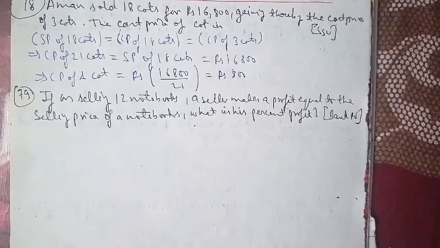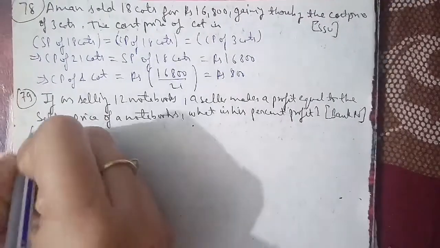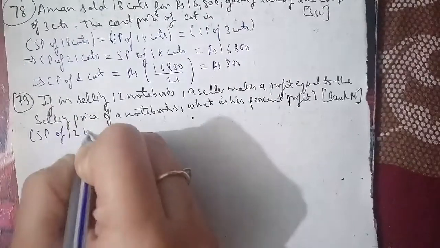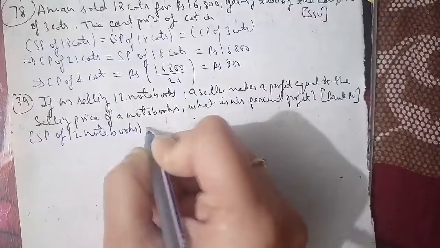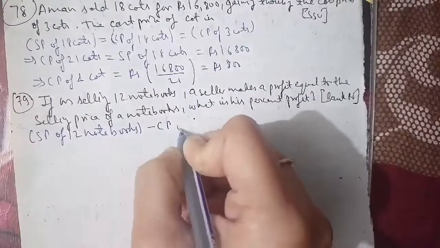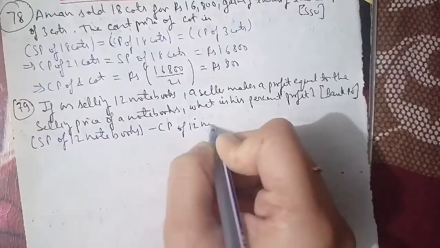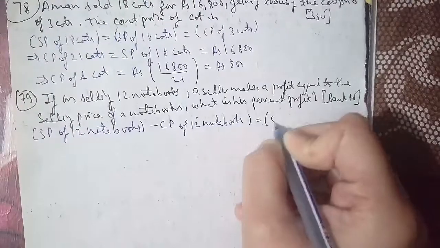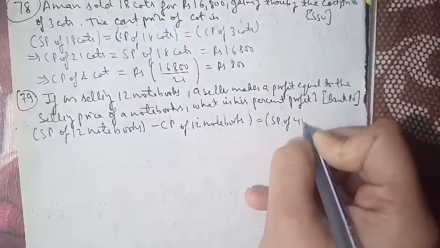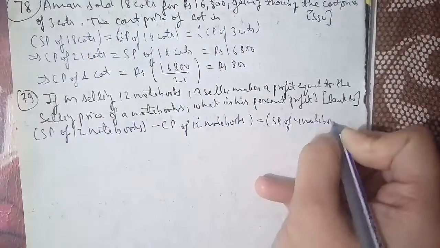SP of 12 notebooks minus CP of 12 notebooks equals SP of 4 notebooks.